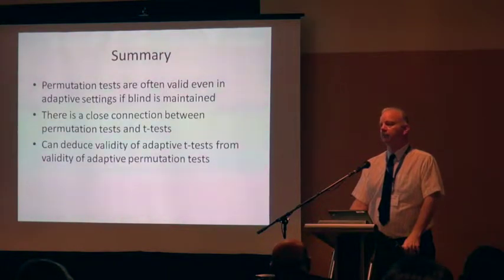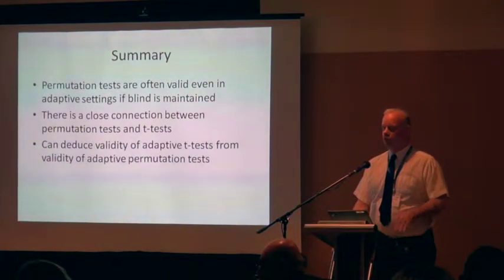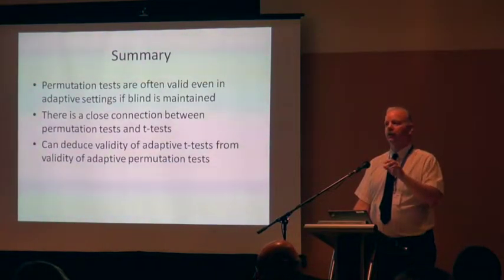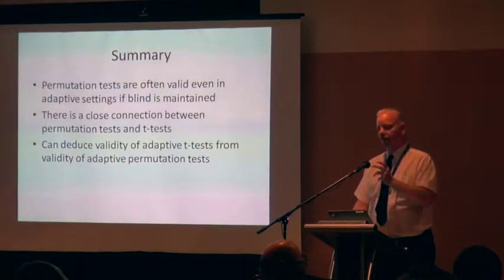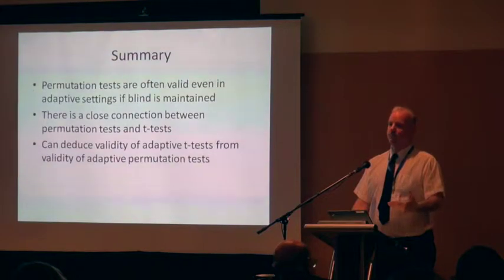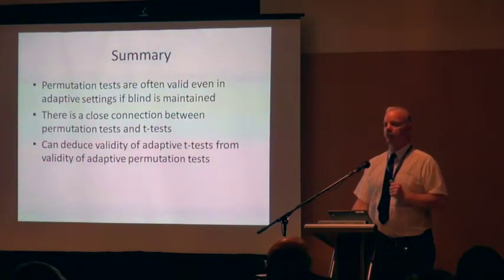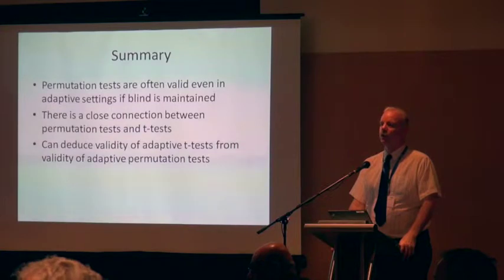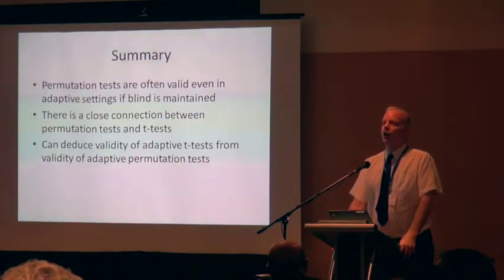Some of these procedures that are approximately correct in the superiority setting may be a little bit less approximately correct in a non-inferiority setting. Right, so I'd be curious to see how your procedure performs in the non-inferiority setting.